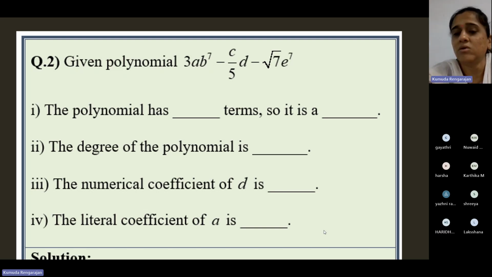Only one variable. What's its power? 1. Third term, variable is E. Power is 7. So what are the numbers you have? 8, 1 and 7. Which is the greatest of these three numbers? 8. So the degree is 8. The degree of the polynomial is 8, not 7.